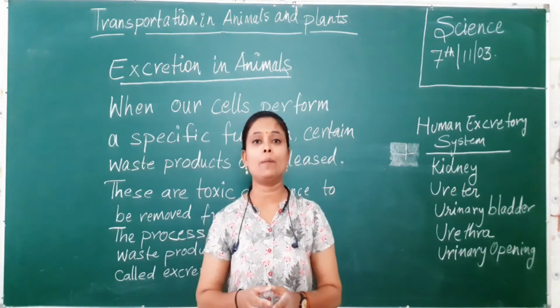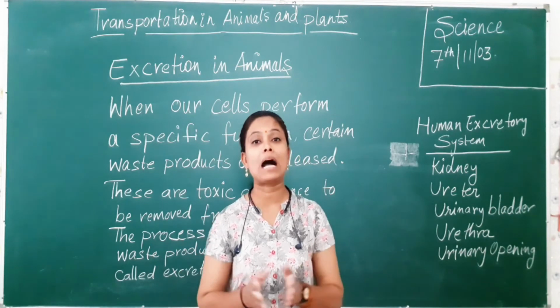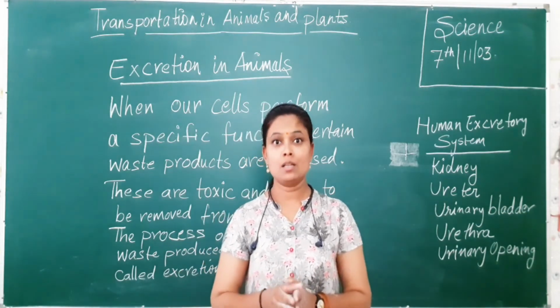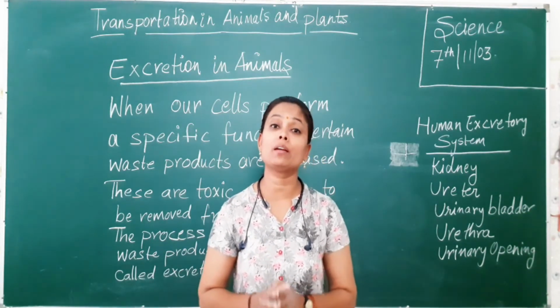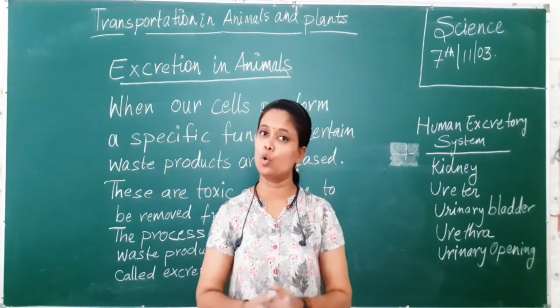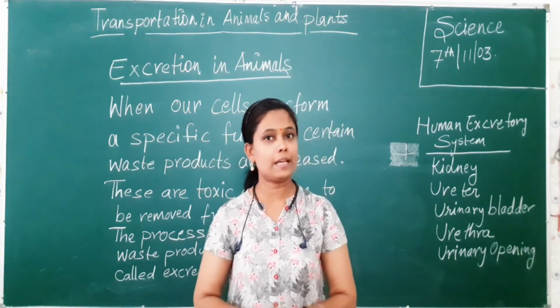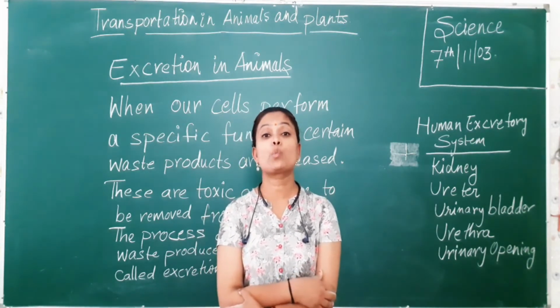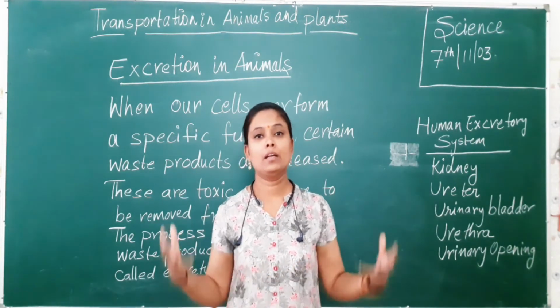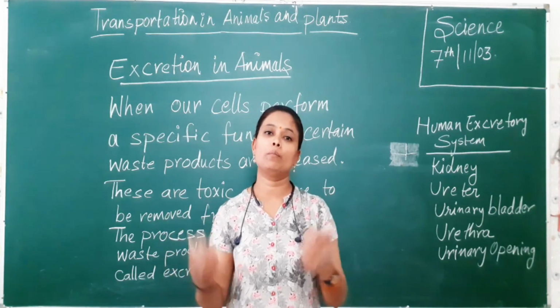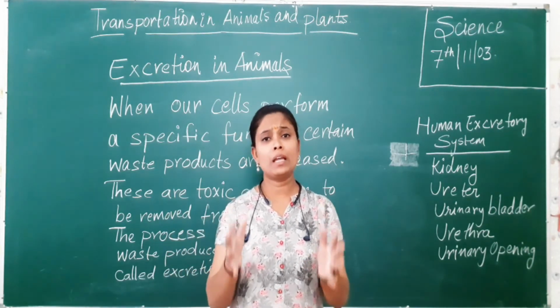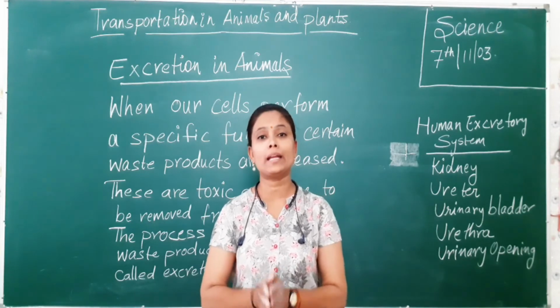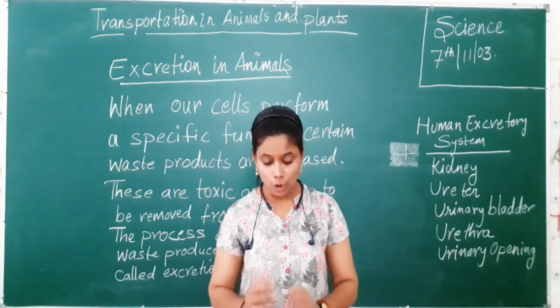Because in a matka, air can always pass through. So always drink matka water. It is good for your health. In the same way, sweat, as it comes out, makes the body temperature colder or manageable.